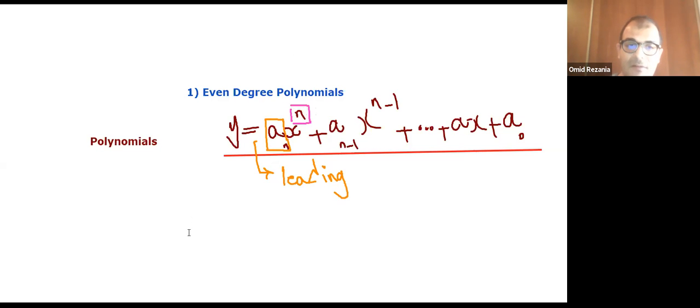However, we can think of the odd degree polynomials, which is going to be our case number 2.